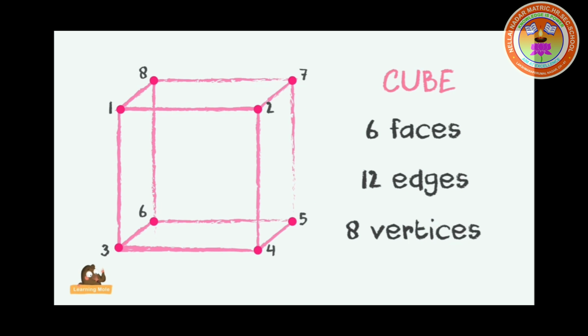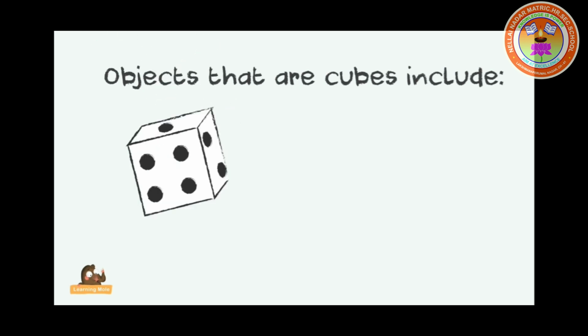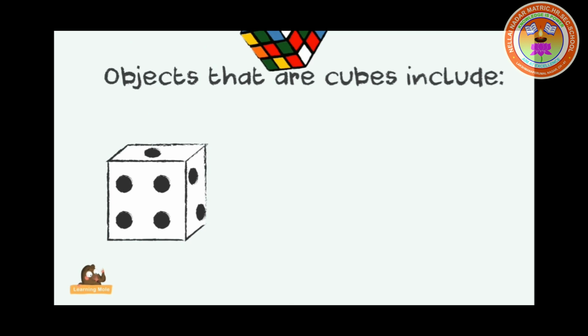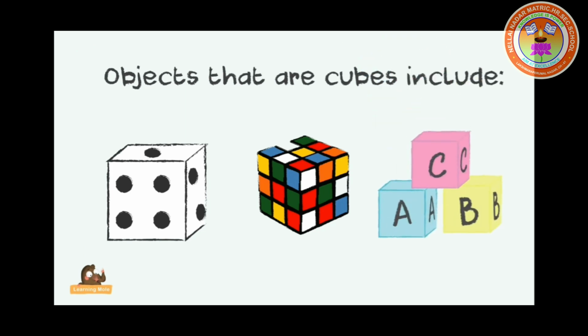In a cube all the sides are equal. The examples of the cube are dice, Rubik's cube and building blocks. So these are some objects.